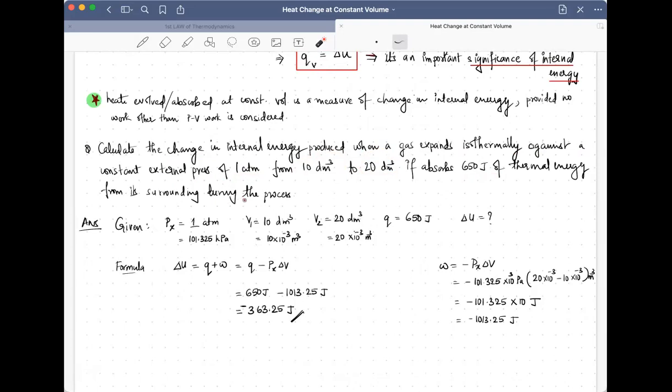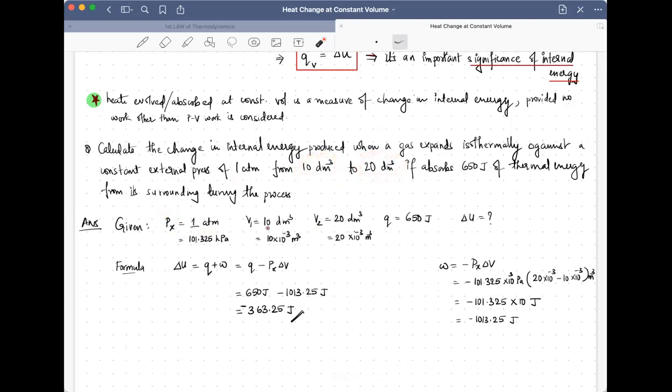Let's analyze the given facts. Here we have a constant external pressure. For pressure volume work, we denote the external pressure as Pex. So Pex is equal to 1 atmosphere, and the volume is increasing from 10 decimeter cube to 20 decimeter cube.